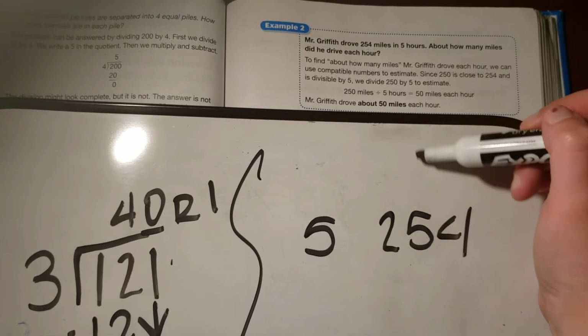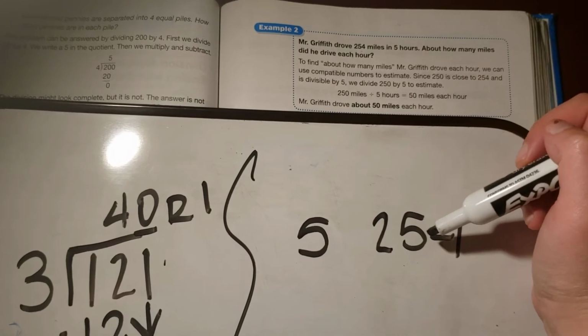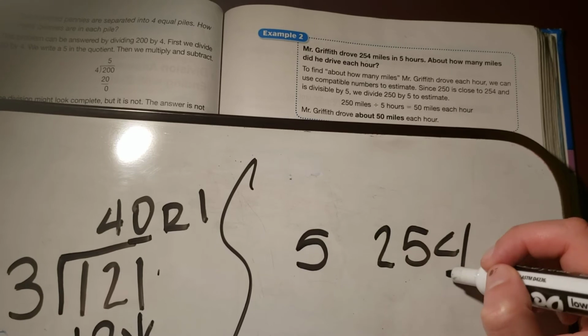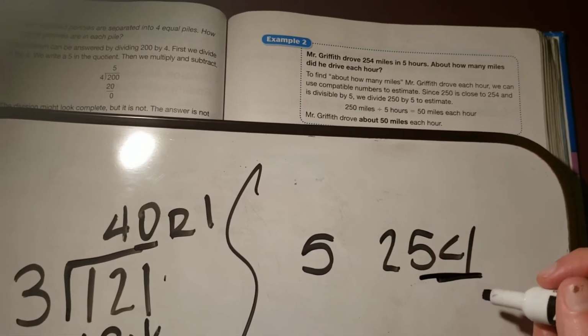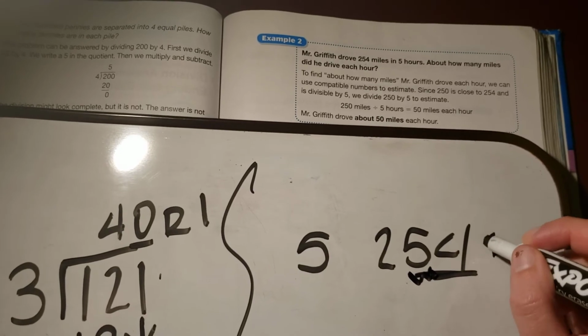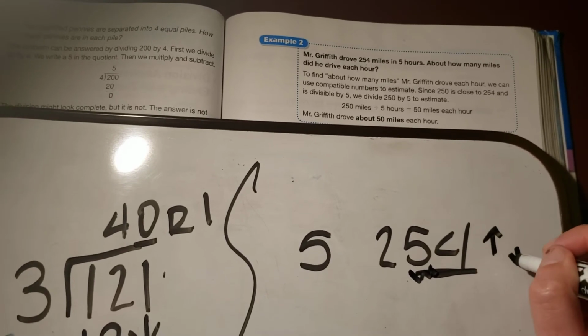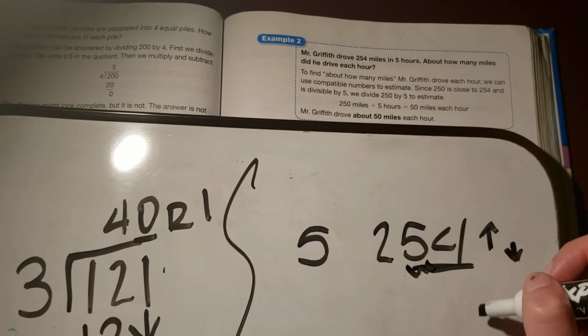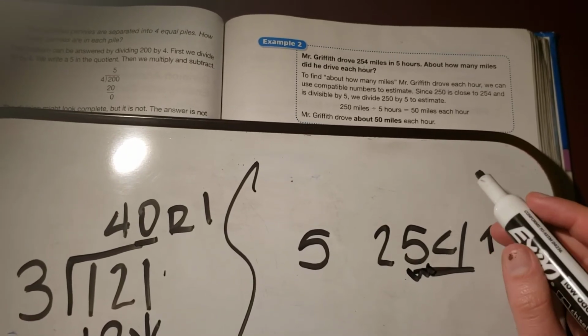So it says about, so we can go ahead and round this, and this tells us to round to the nearest 10. So we're going to see if this 5 is going to change. Does this 4 make it go up, or does it make it go down? Is 4 closer to 0, or is it closer to 10?